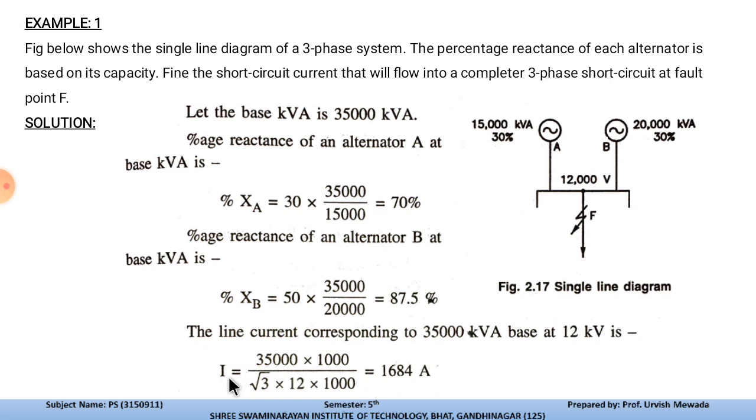I is equal to the base kVA, 35,000 kVA, multiplied by 1000, divided by root 3 into the voltage rating, 12,000 volts, that is 12 into 1000. When we solve this, we get the line current corresponding to the 35,000 kVA base for the 12 kV line as 1684 amperes.